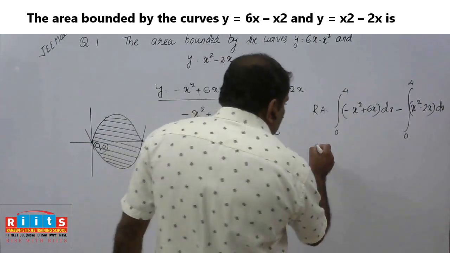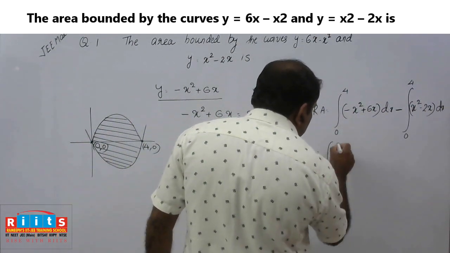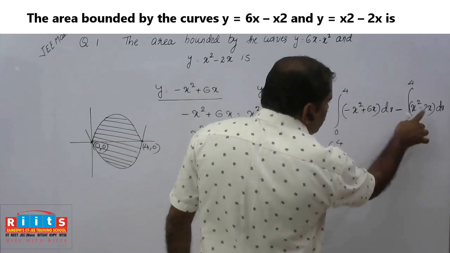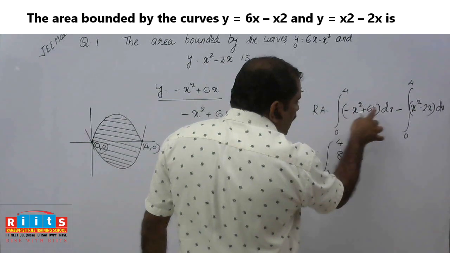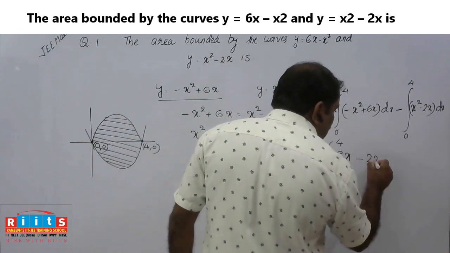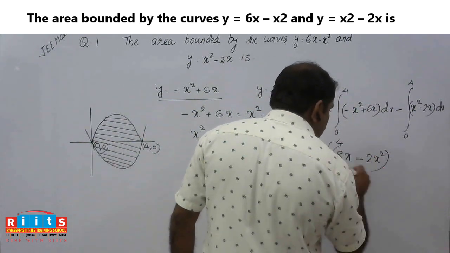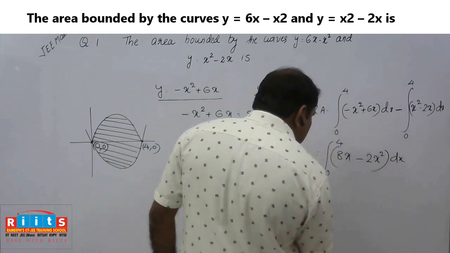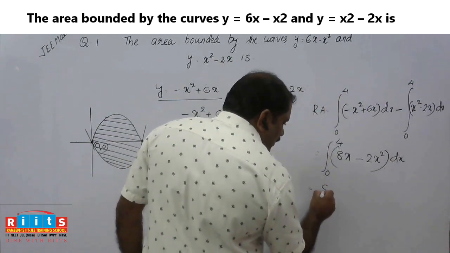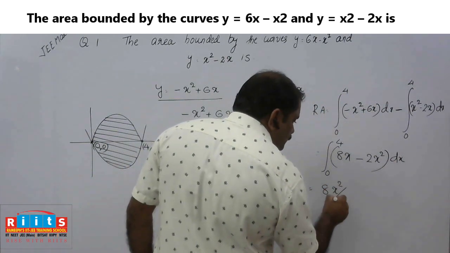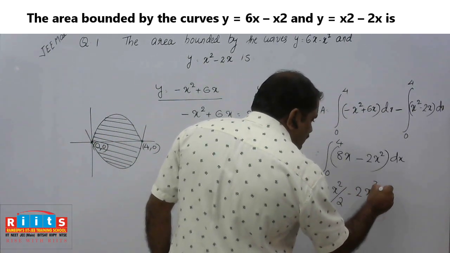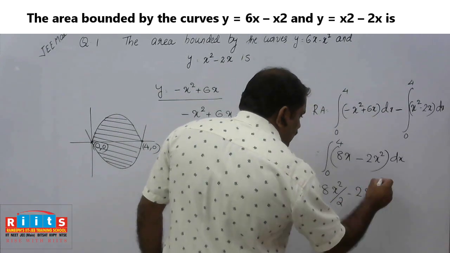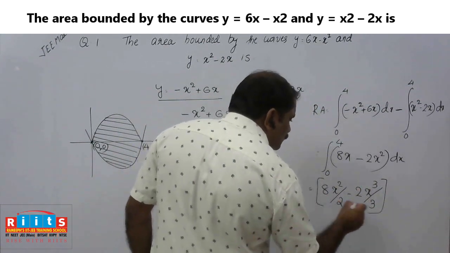That is integral 0 to 4 of 6x plus 2x, that is 8x, minus x square minus x square, that is 2x square, dx. So integrate this expression: 8 into x square by 2 minus 2 into x cube by 3. Here the limit is 0 to 4.